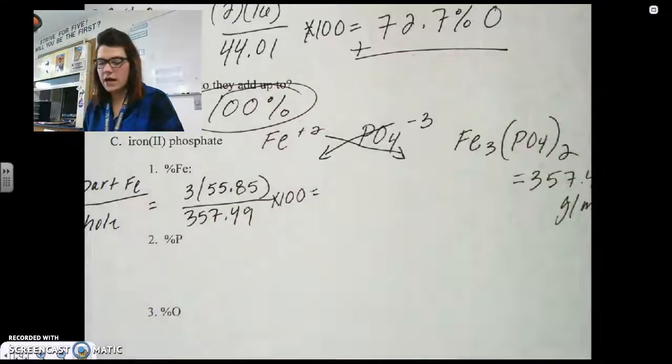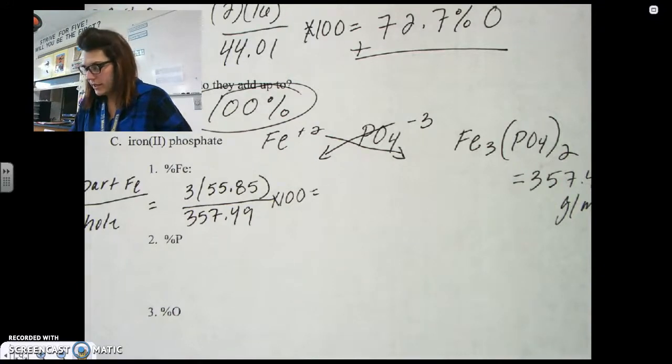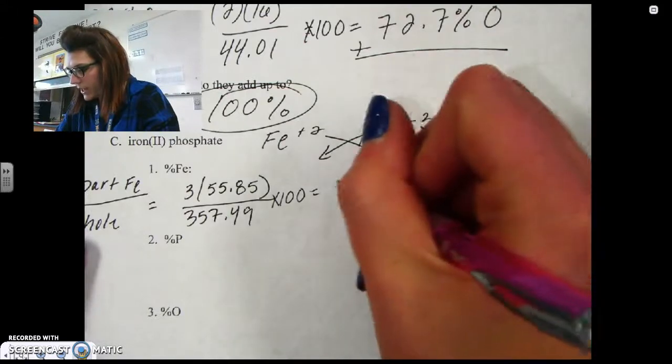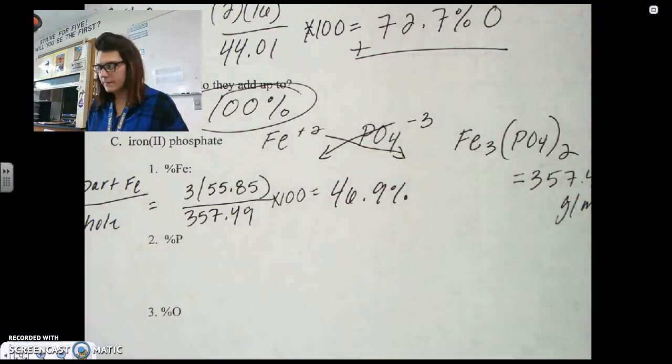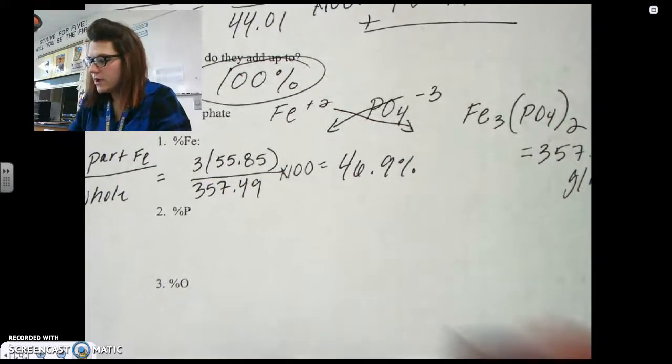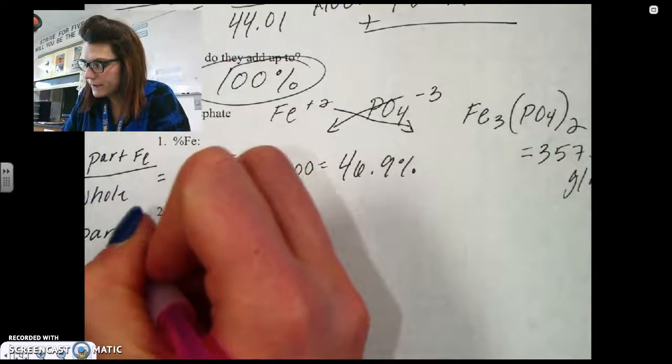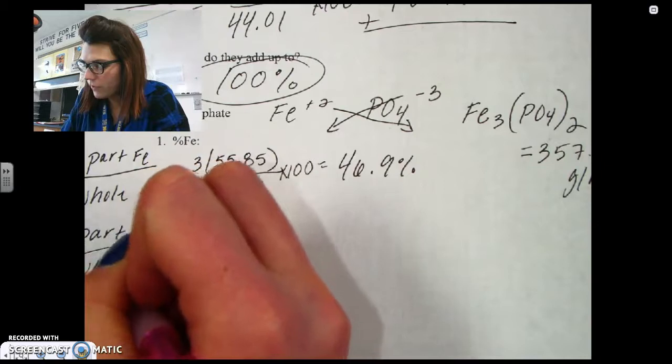So my percent iron here is 46.9%. I'm going to do the same thing for phosphorus. So part phosphorus over whole.